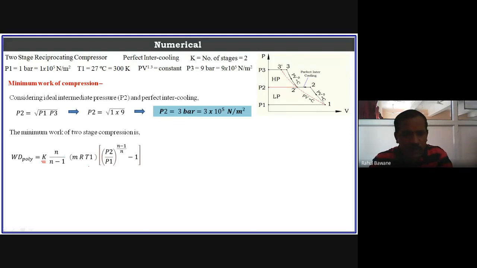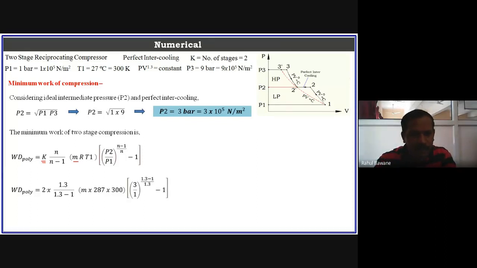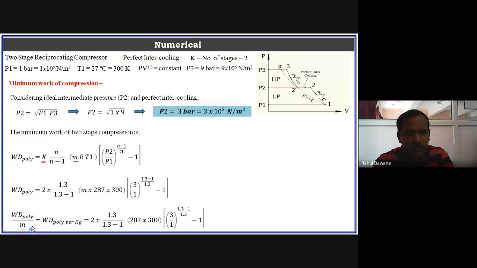T1 is given. Whenever any quantity is not given, just like here the mass flow rate is not given, either assume the mass flow rate as 1 or shift it to the other side. So we will calculate work done per unit mass flow rate. In this case the mass flow rate is not given, so we shift it, and it becomes work done per unit mass flow rate.